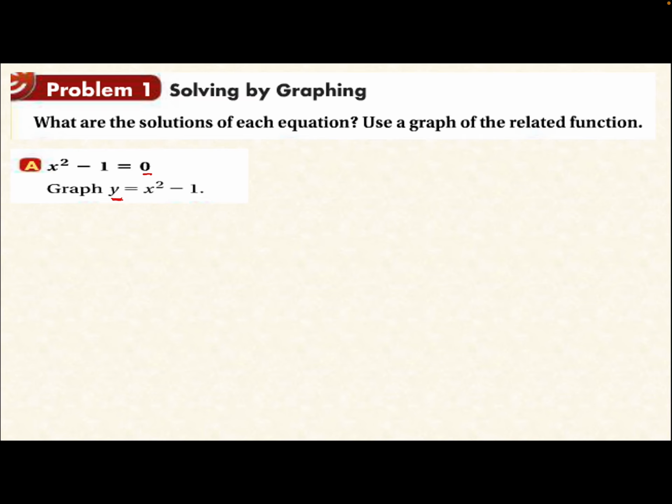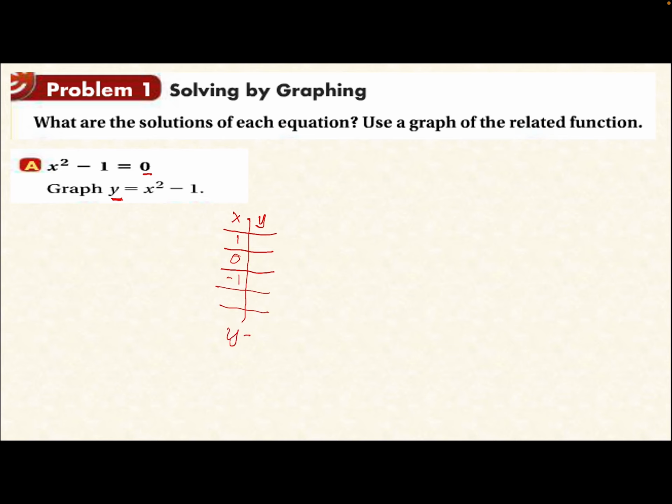In solving the given quadratic equation by graphing, of course, you're going to make a table of values. You're going to assume values of x so that we can find the values of y. Let us try x equals 1, 0, negative 1.